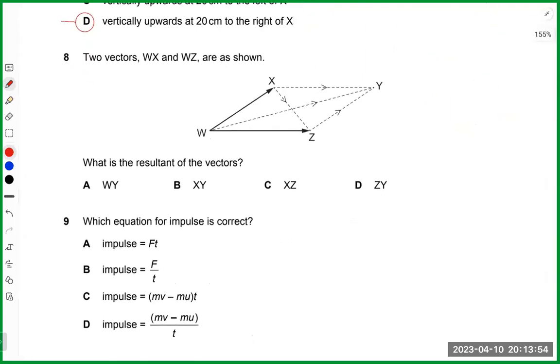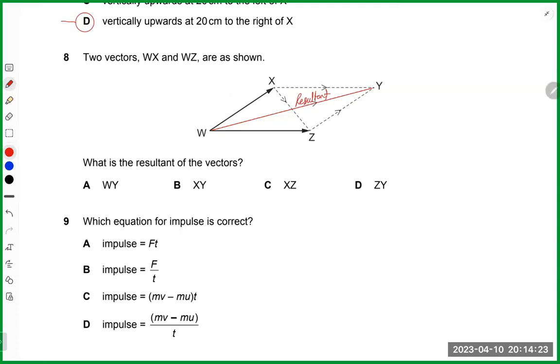Now, two vectors WX and XZ are as shown. What is the resultant of the two vectors? Okay, it will be from W to Y. This one should be the resultant, because this is the only vector that is producing a combined effect of the other two vectors.